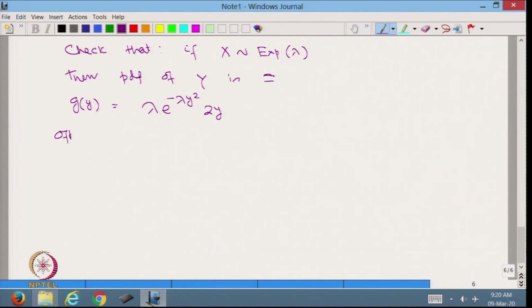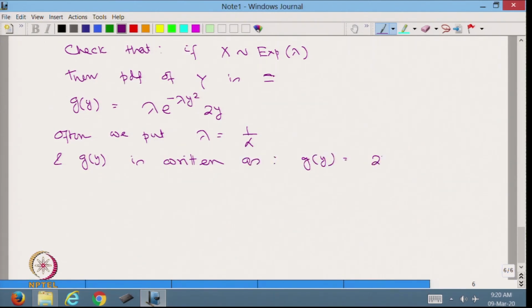Often we put lambda is equal to 1 upon alpha and g y is written as g y is equal to 2y upon alpha e to the power minus y square by alpha, y greater than 0, and alpha is greater than 0. So, this is a general form of the Rayleigh distribution.